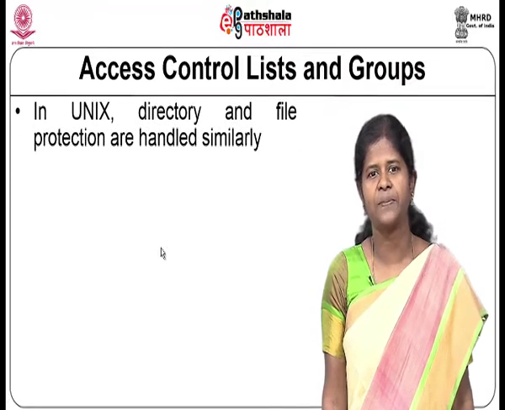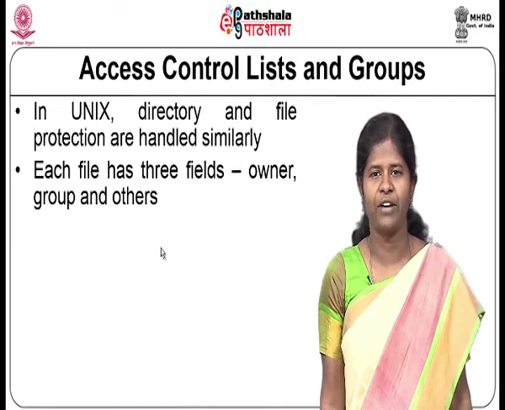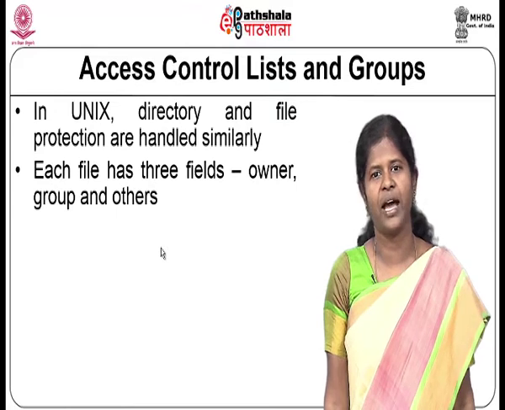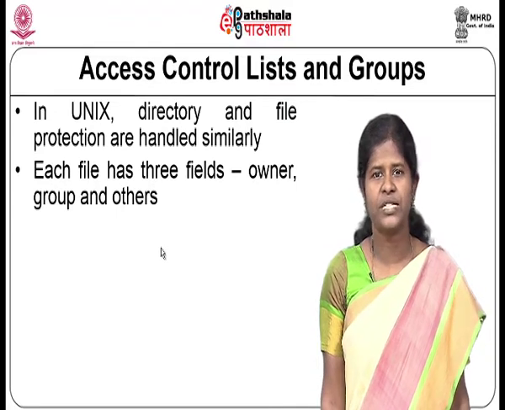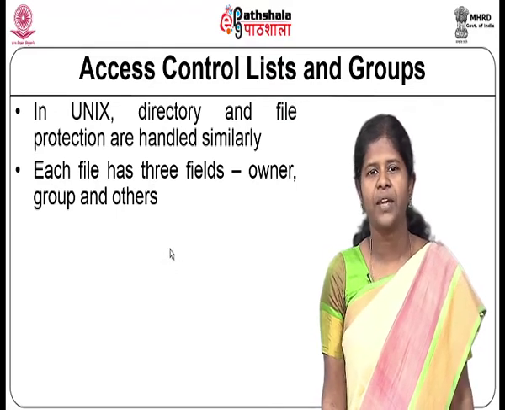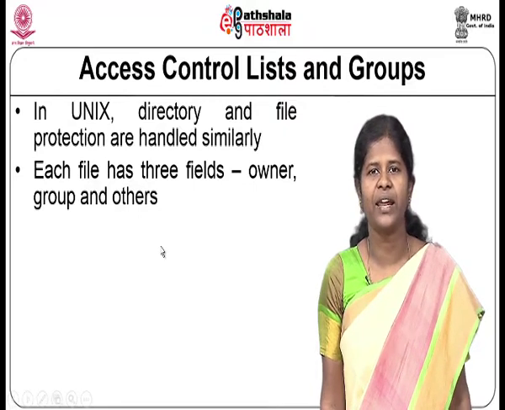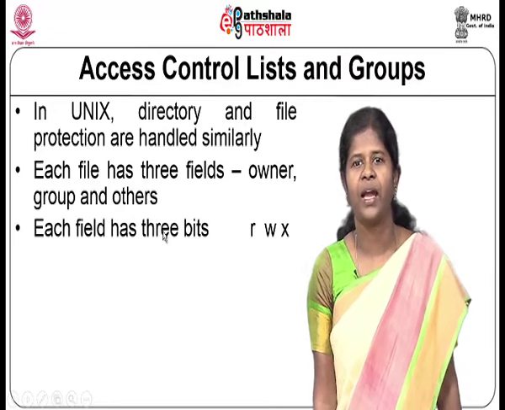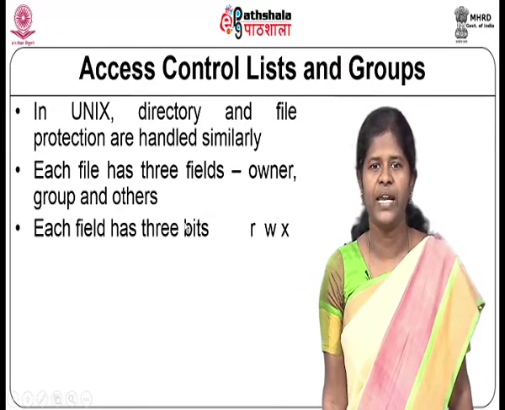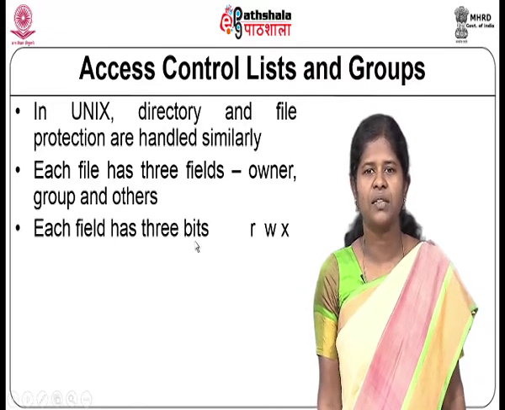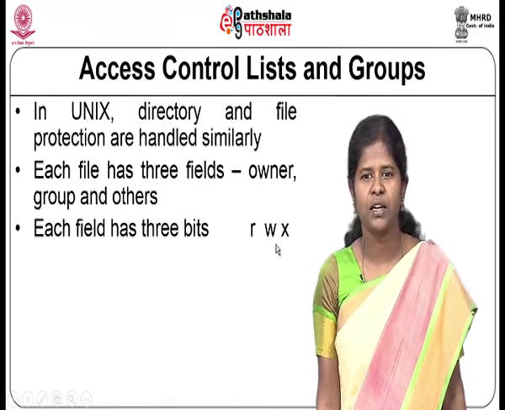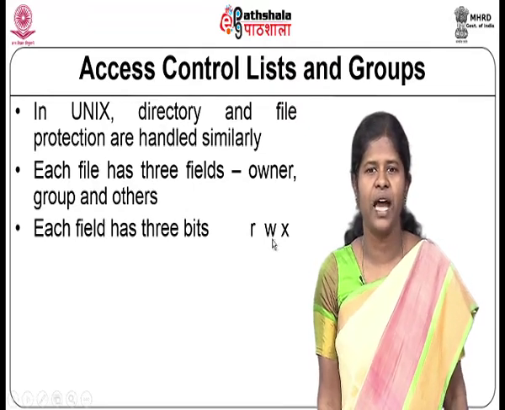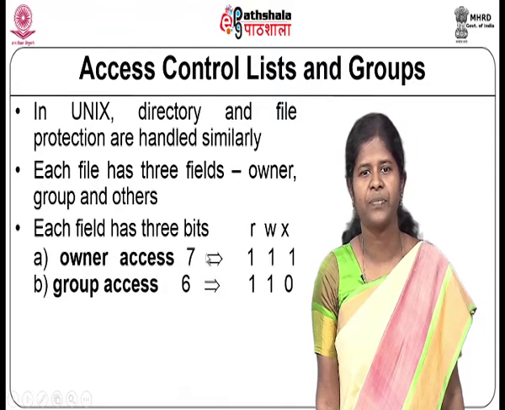In Unix, directories and files protection are handled similarly. Both are treated in a similar manner, and each file or directory has 3 fields called the owner, group, and others. For each of these fields there are 3 bits RWX corresponding to read, write, and execute permissions.